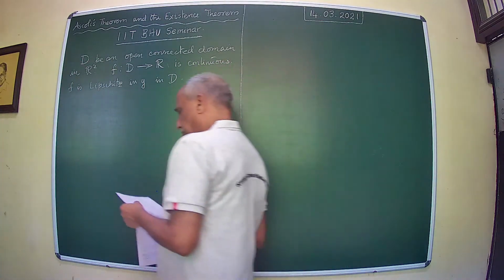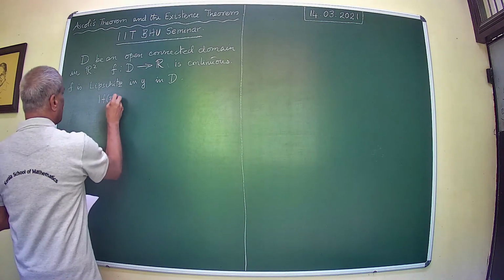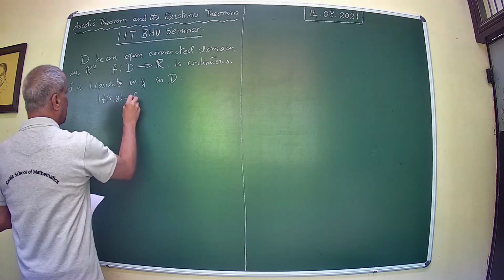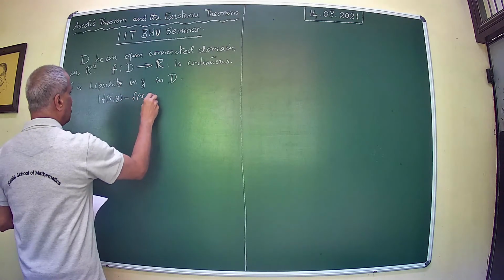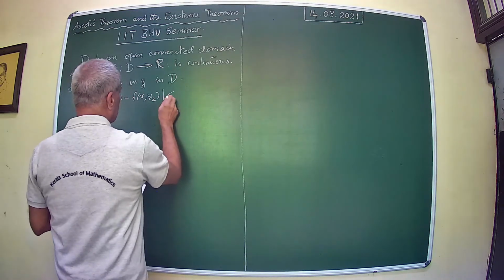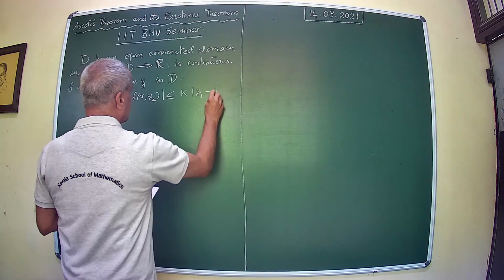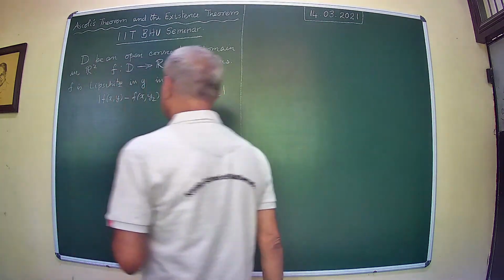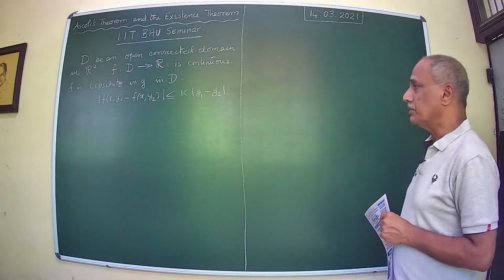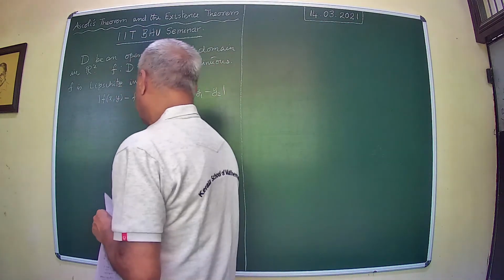which means the following: f of (x, y1) and f of (x, y2). That means we are assuming continuity along the vertical line.